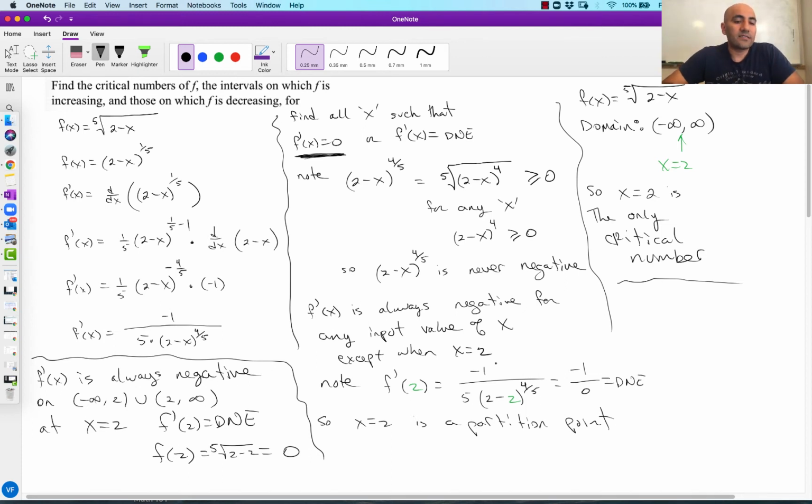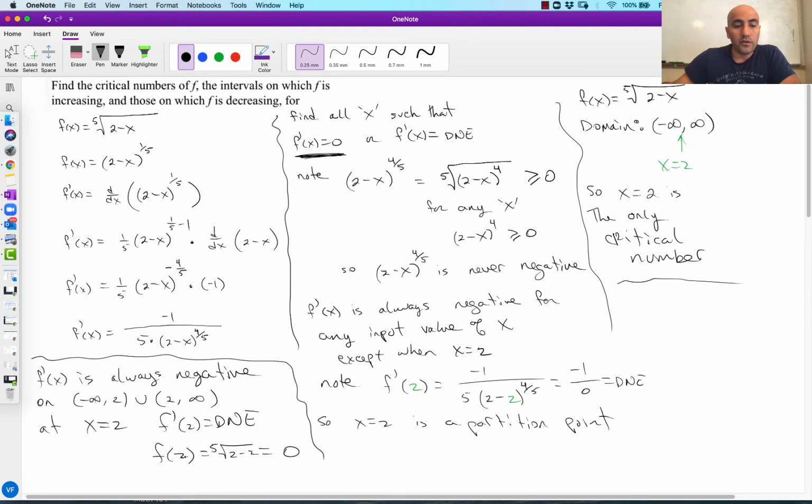So f prime of x is always negative on these two intervals. And at x equals 2, it is continuous at that point. The underlying function is defined at x equals 2. The derivative is not defined, but the underlying function f is defined at 2. It's continuous at 2.